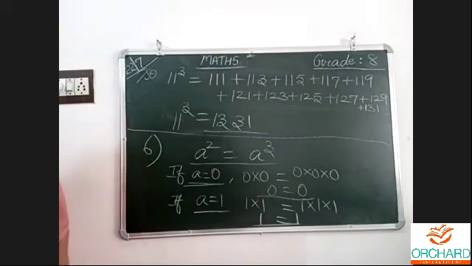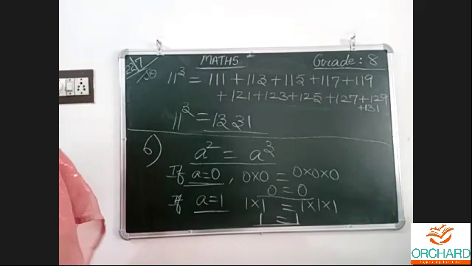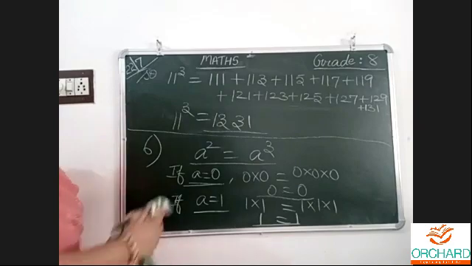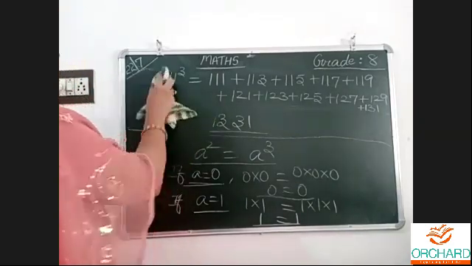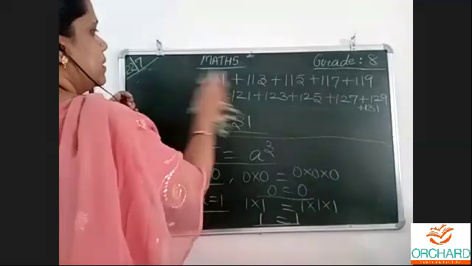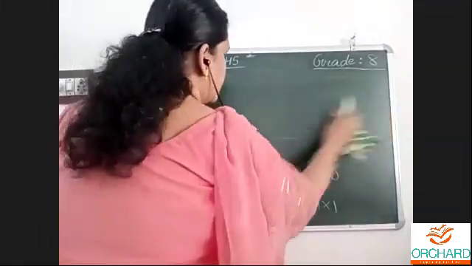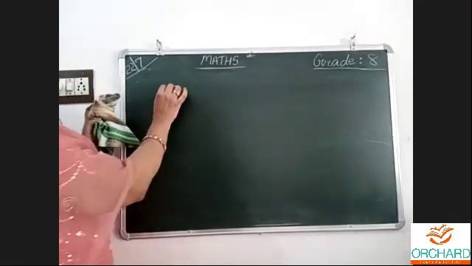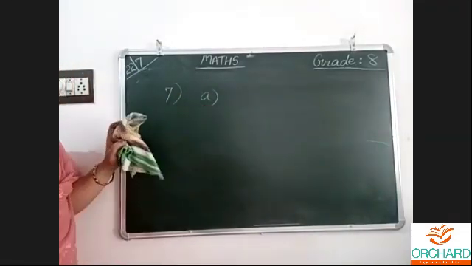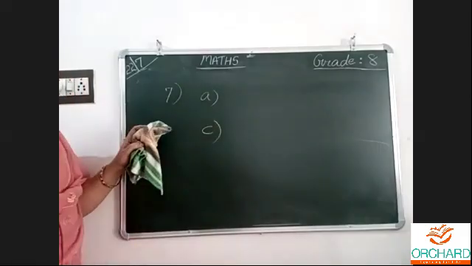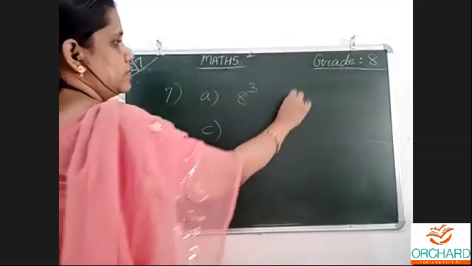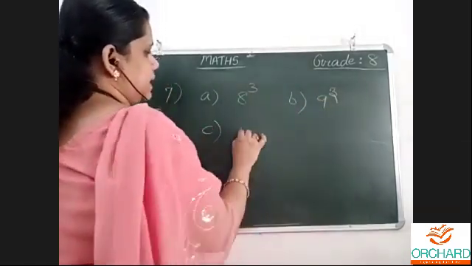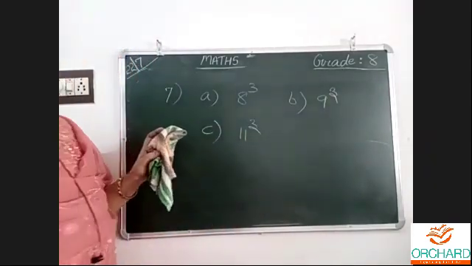So question number 5 over, 6 over. The last sum of this exercise, question number 7. Question number 7, homework sum, this pattern. Four sums are given, and in these 4 sums they repeatedly asked, it is asked in the exercise like this.